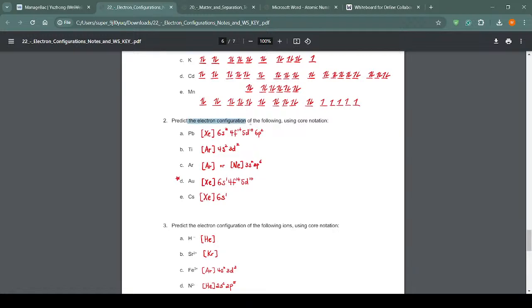Predict the electron configuration of the following using core notation. So Au, we're going to start. Okay, so for the ions, we can just write it. It's the same thing as the actual thing, pretty much. Yeah, so for full shells, we can write it both ways.